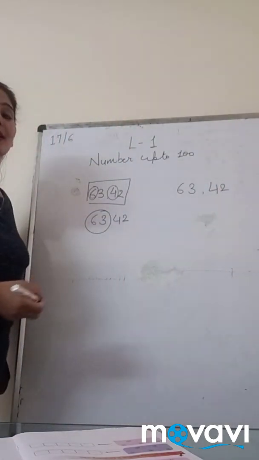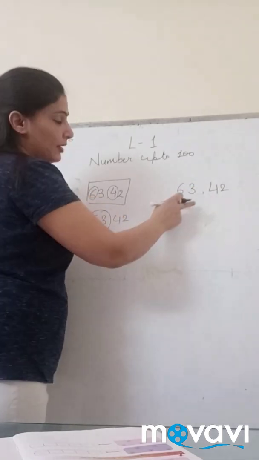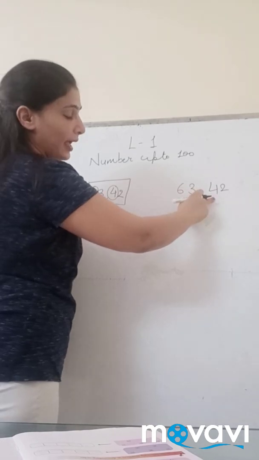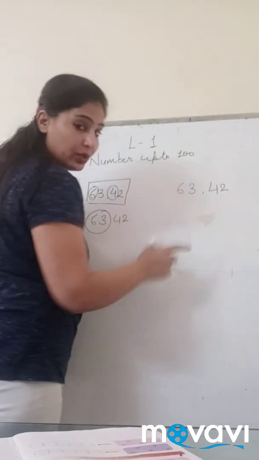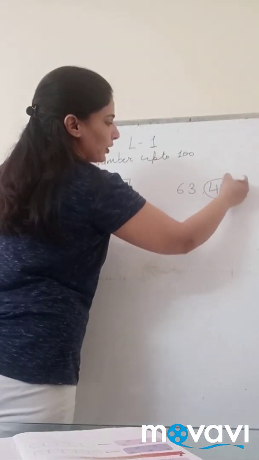In the same way, now we will look at 63 and 42. Which number is smaller? Again we will see the tens place. What number is on the tens place? In the first number 6 is on the tens place, and in the second number 4 is on the tens place. We know this very well, that 4 is smaller than 6. The smaller number is 42.